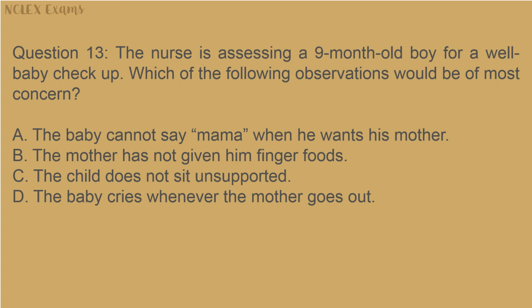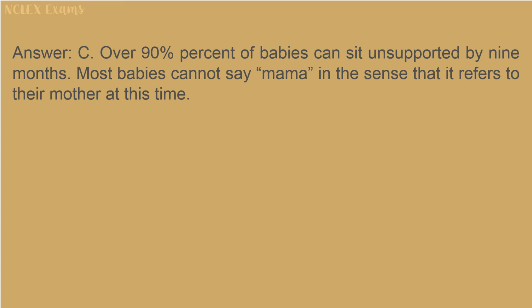D. The baby cries whenever the mother goes out. Answer: C. Over 90% of babies can sit unsupported by 9 months. Most babies cannot say mama in the sense that it refers to their mother at this time.